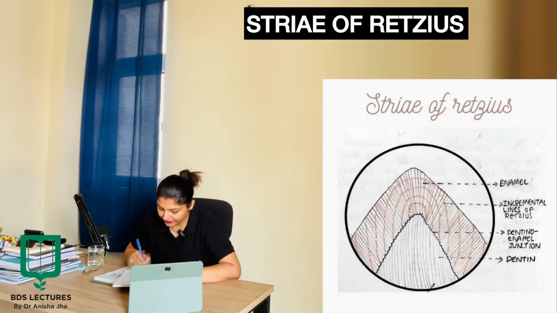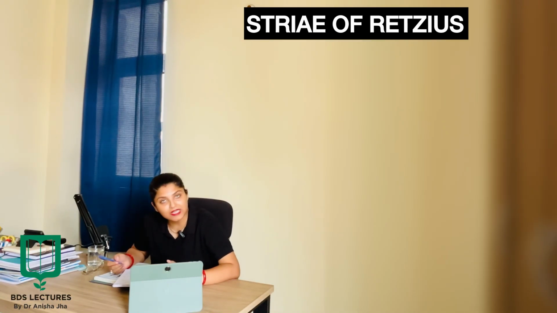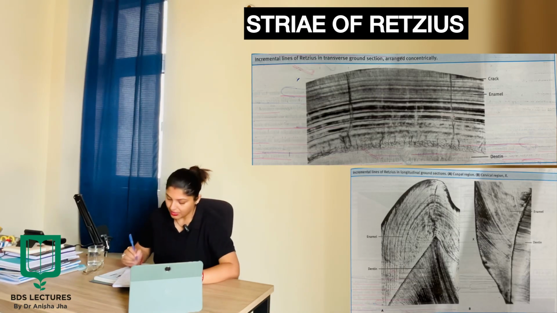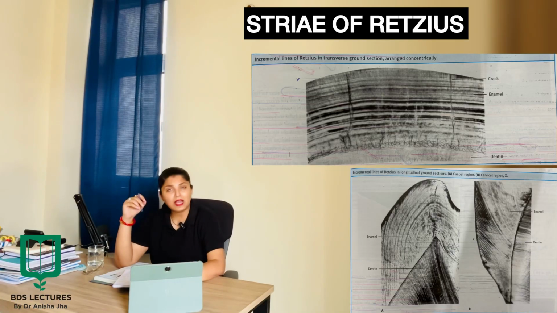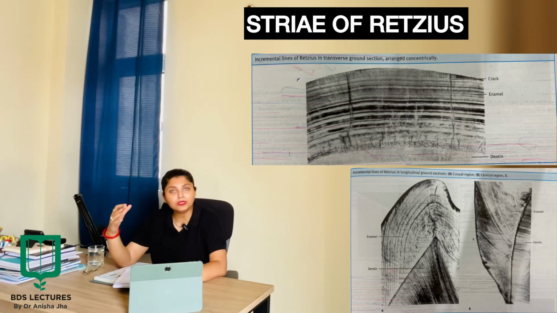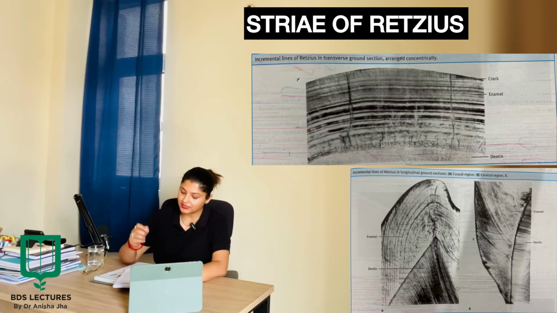Obviously, incremental lines reflect variation in the structure and mineralization, either hypomineralization or hypermineralization that occurs during the growth of the enamel. So from these incremental lines you can conclude a lot.